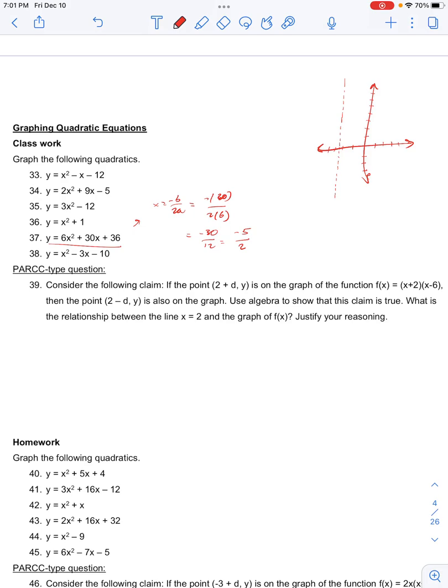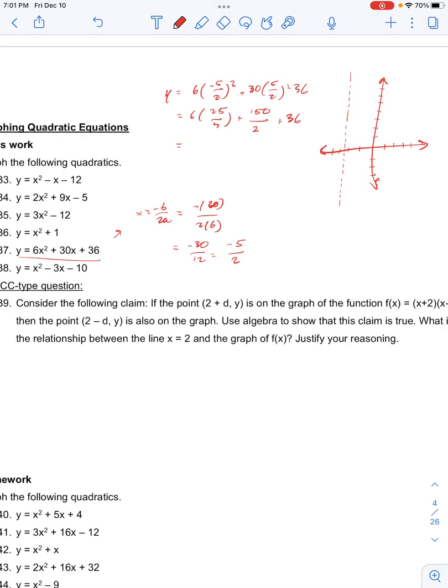So the y value of this point is y equals 6 times negative 5 over 2 squared plus 30 times 5 over 2 plus 36. So we have 6 times 25 over 4 plus 150 over 2 plus 36.